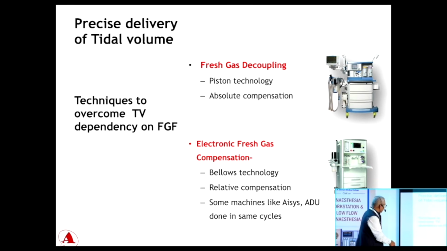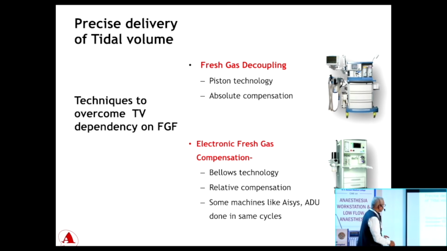So it is called relative compensation. You do get slightly increased tidal volume delivery in at least one breath. Earlier it used to take a long time because the computers and software were not very good. It used to take 6 breaths to come back to normal. Now these softwares are better, so it comes back to normal in the next 1 or 2 breaths, but not in the same breath.